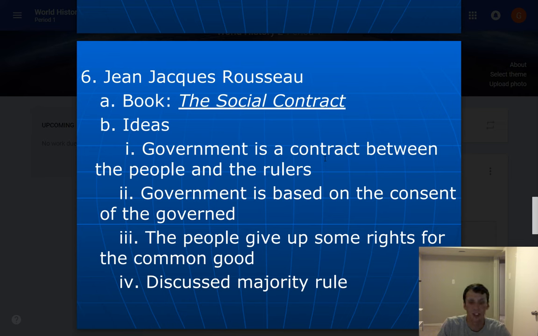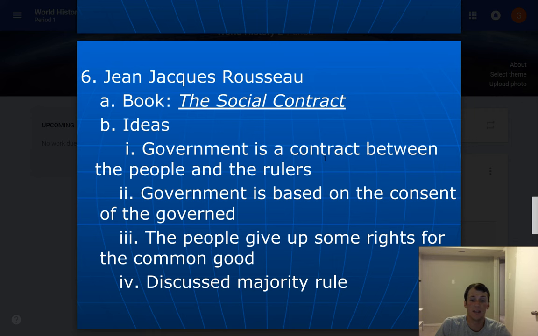And similarly to John Locke, he feels that government is based on the consent of the governed, and that effectively people getting together as a majority in a community or in a society, their actions and what they decide is right or wrong is what effectively governs the morality of the group, right, as a majority.